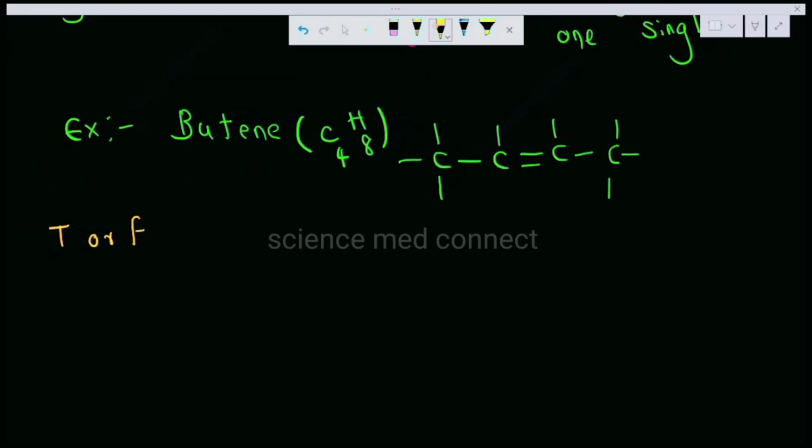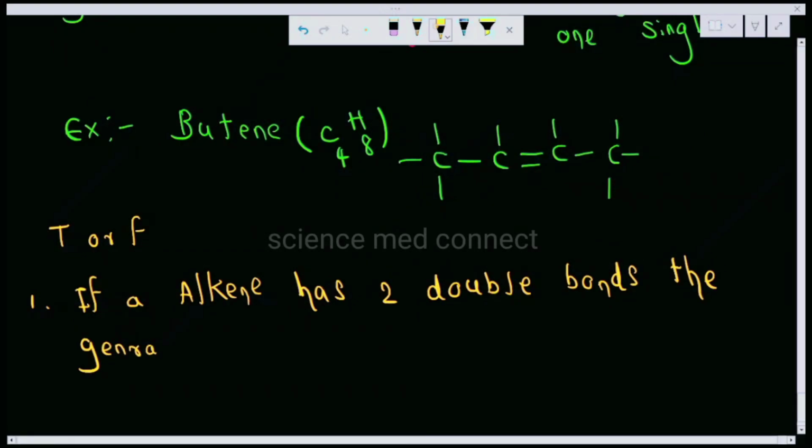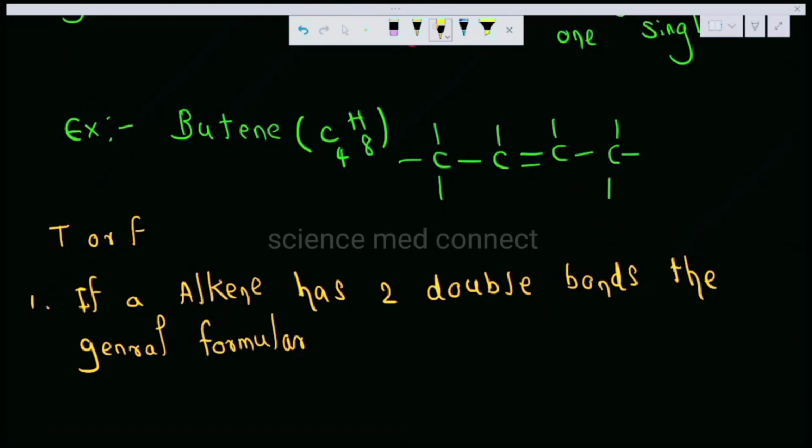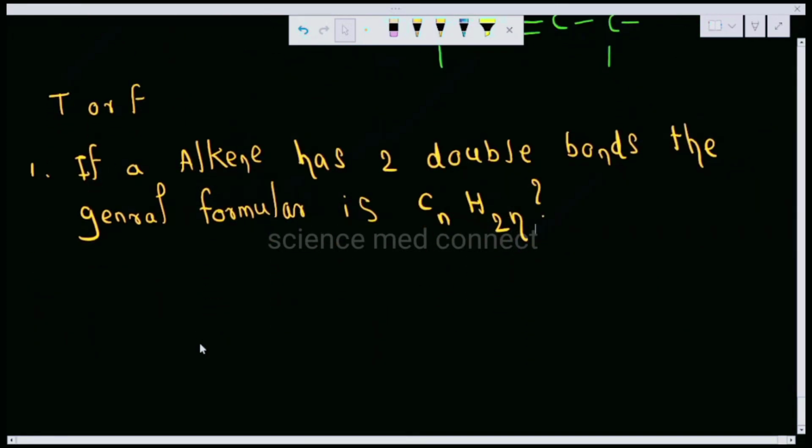So is this statement true or false? If an alkene has 2 double bonds, the general formula is equal to CnH2n. Is this true or false?